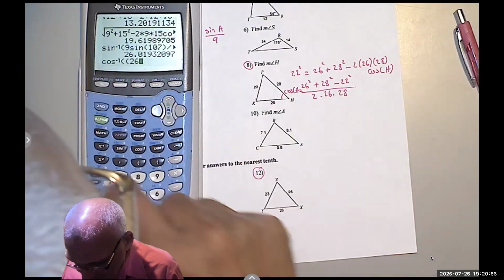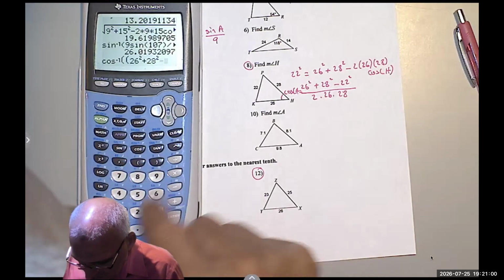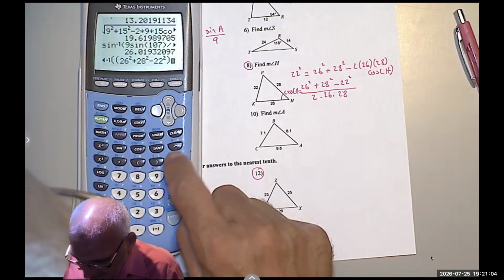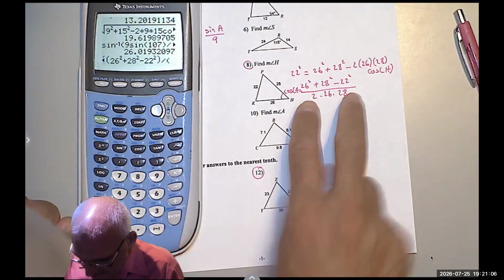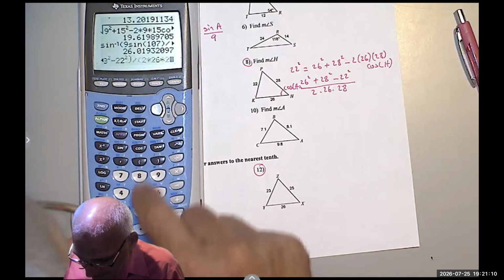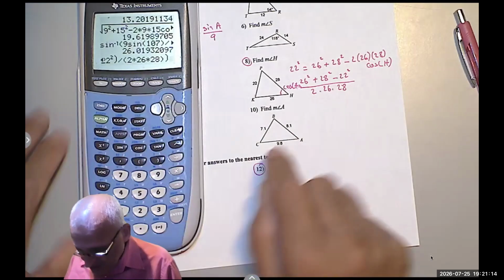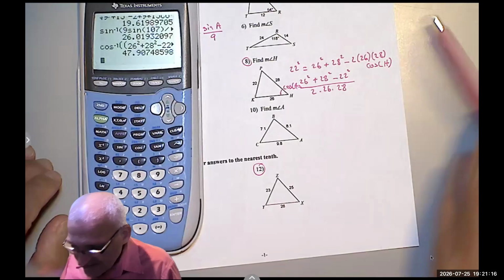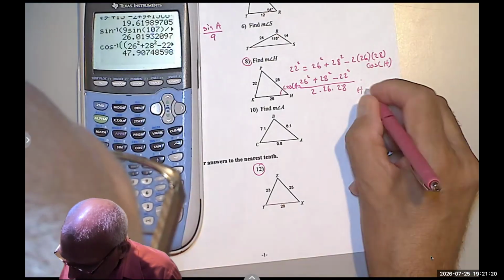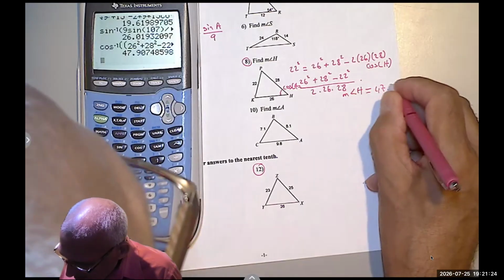I get 26 squared plus 28 squared minus 22 squared, close the parentheses, and then divide by, open a new pair of parentheses, 2 times 26 times 28, close both parentheses, the one for that and the one for the inverse cosine. And that gives me 47.9. So the measure of angle H is 47.9 degrees.